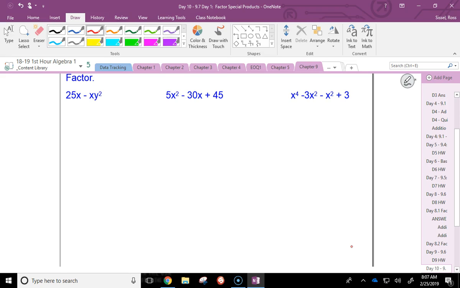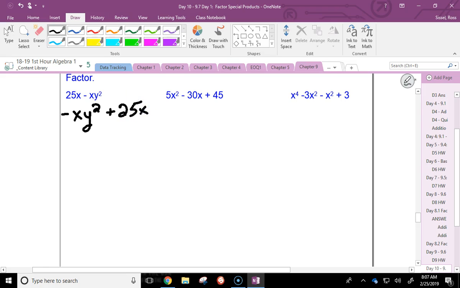The x squared is negative 1. Okay, this should actually be written the other way. We should rewrite this because this is just 25x and this is an xy squared. I'm going to put my squared first. So I'm going to rewrite this: negative xy squared plus 25x.